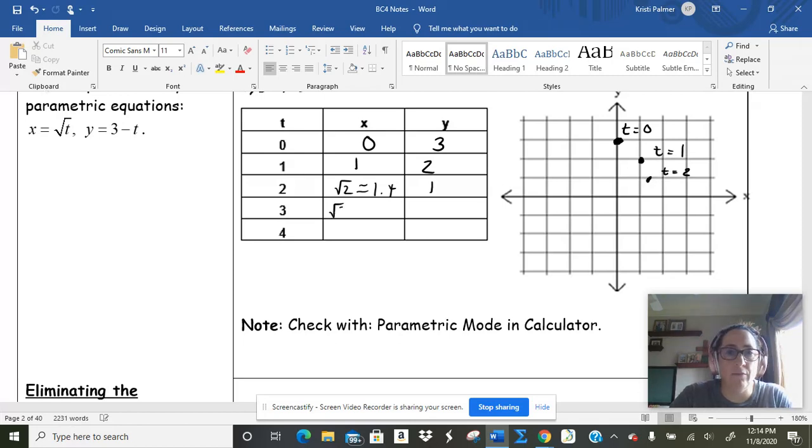At 3, I have radical 3 and 0. So radical 3 is still less than 2, and I'm at 0. And then at 4, I have 2 and negative 1. So here I can see the movement is going in this direction.